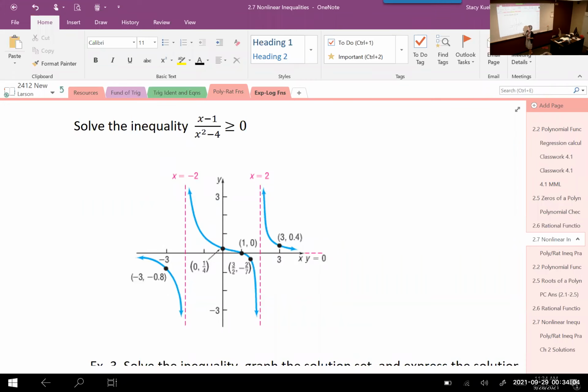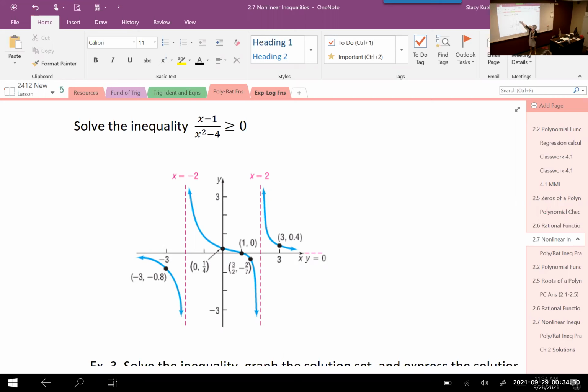With rational functions, remember, not only do I have solutions or x-intercepts, but I also have asymptotes, and I can never touch an asymptote. So it becomes important for us to identify when we're testing those points, which point on that x-axis that I'm zoomed in on is an asymptote and which point is an intercept, because I may not be able to include it, right?